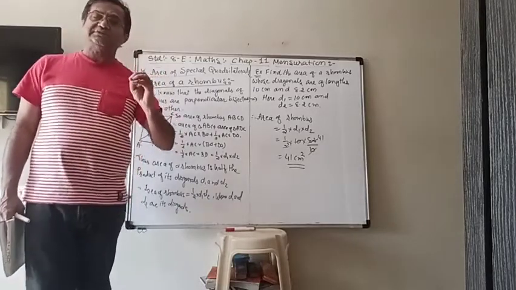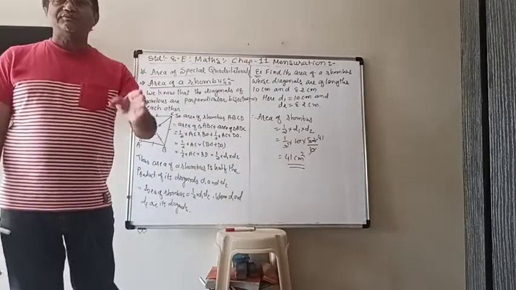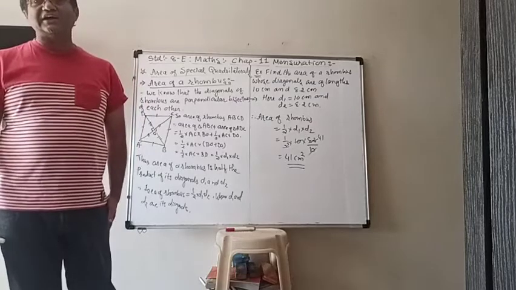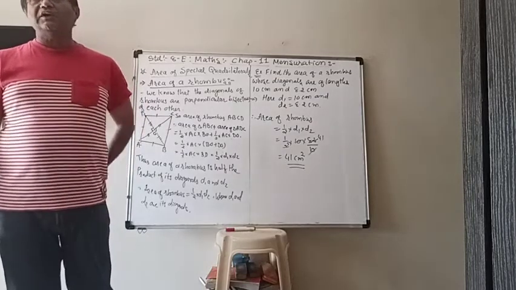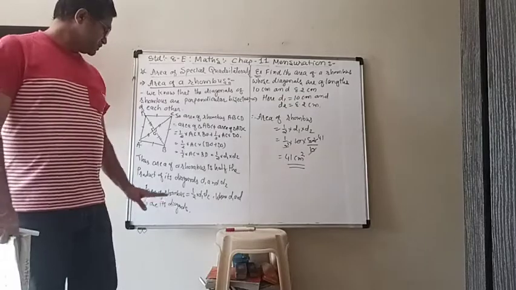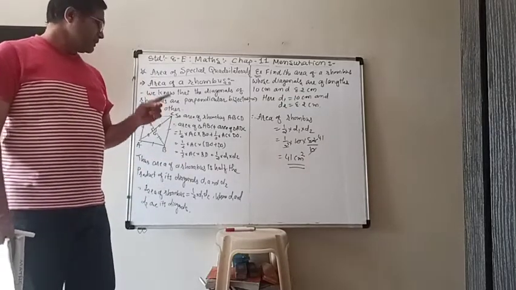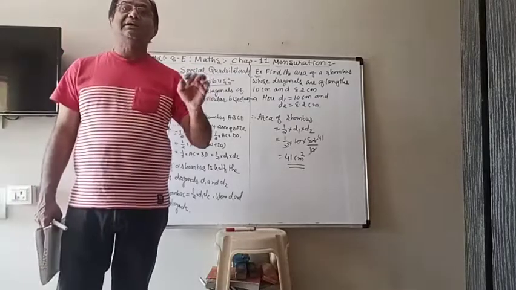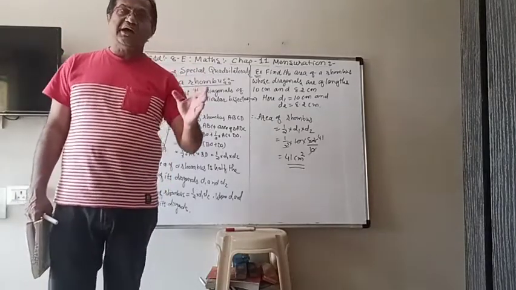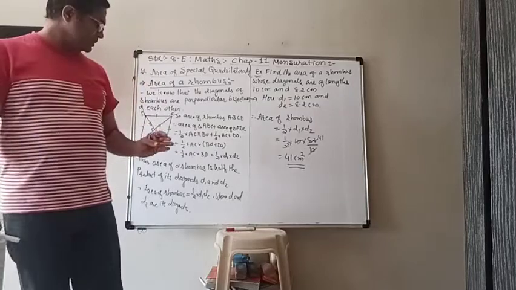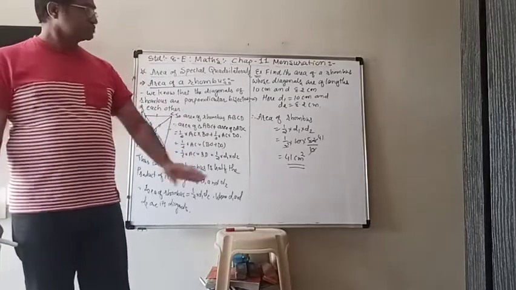So when a rhombus is given and the lengths of the two diagonals are given, what is the formula to find the area? The area of a rhombus is equal to half multiplied by D1 multiplied by D2. It means half into the product of its two diagonals.